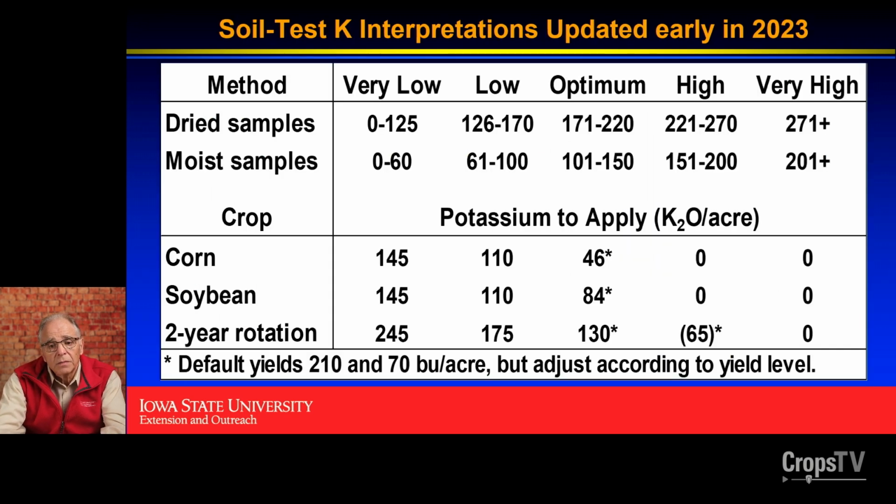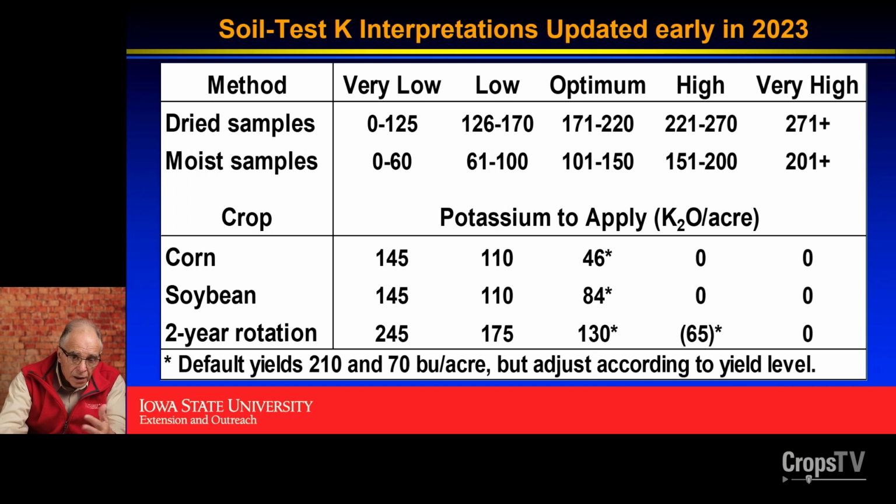This is potassium. The concepts are the same. The only difference is that the ammonium acetate and the Mehlich 3 extraction measure exactly the same thing statistically. But because we have these two methods that we recommend, the dry samples and the moist or slurry samples, you see the ppms are different. That's why we need a different calibration.